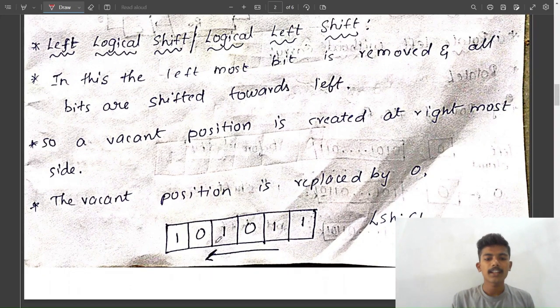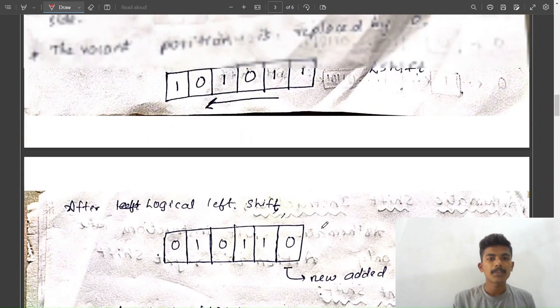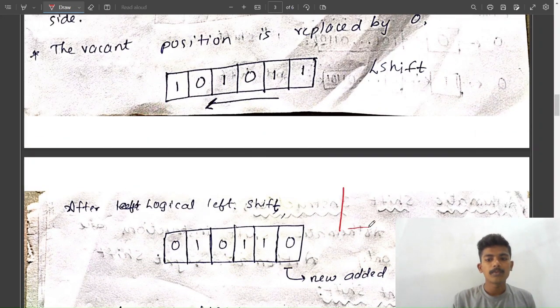I have taken 101011 as an example. Now I am performing left shift on it. After performing left shift, we will have a table like this, and here the leftmost 1 will be eliminated.